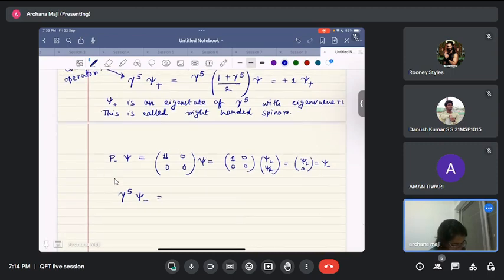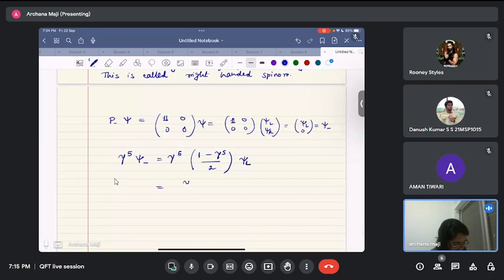Okay, so this you can see, because gamma 5 acting on psi minus is gamma 5 times P minus acting on psi, which is gamma 5 times 1 minus gamma 5 over 2 psi.